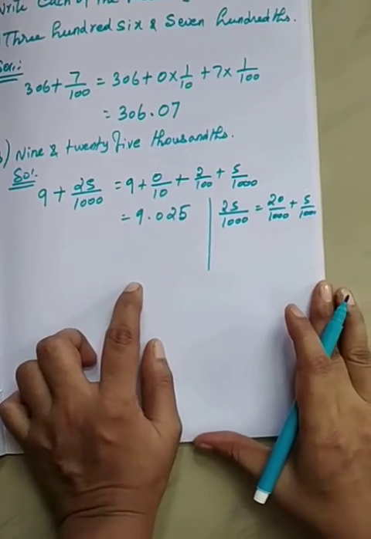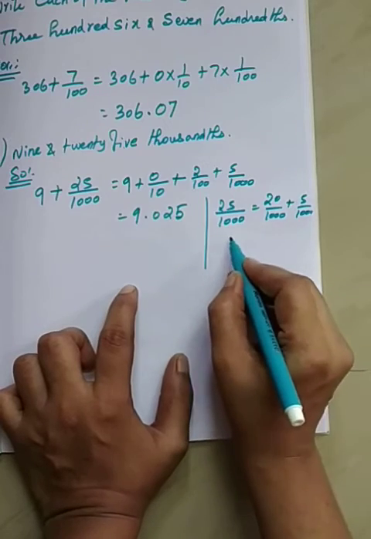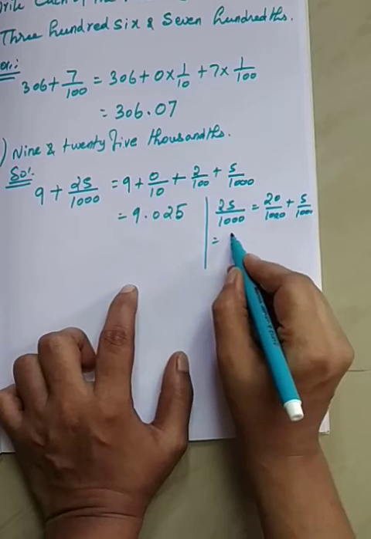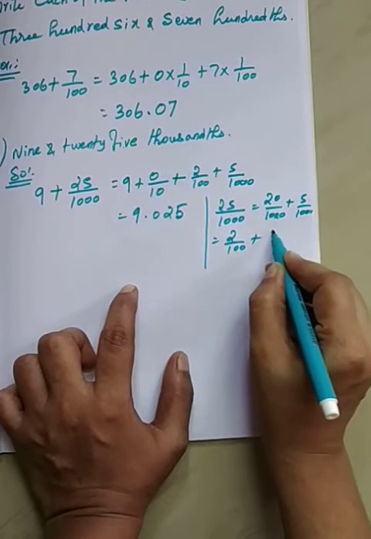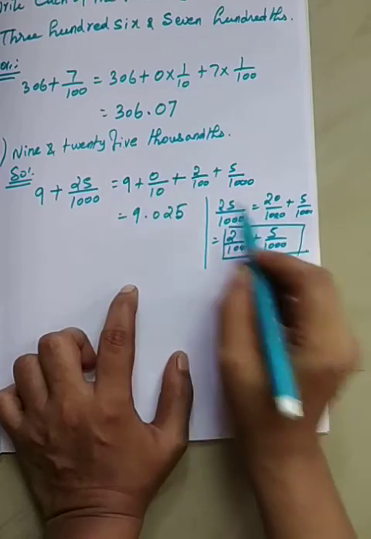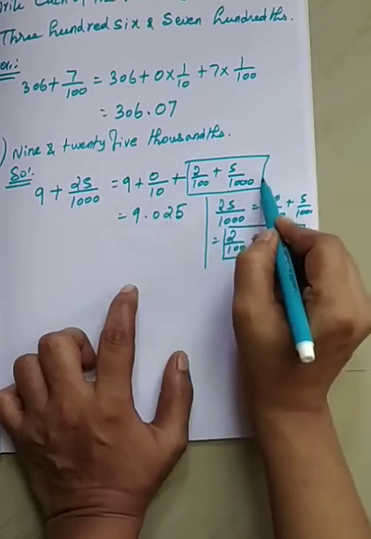Now what is 20 by 1000? You can cancel the 0 and get 2 by 100. After that, 5 by 1000. In that one, you have to write it in this place. Everybody clear?